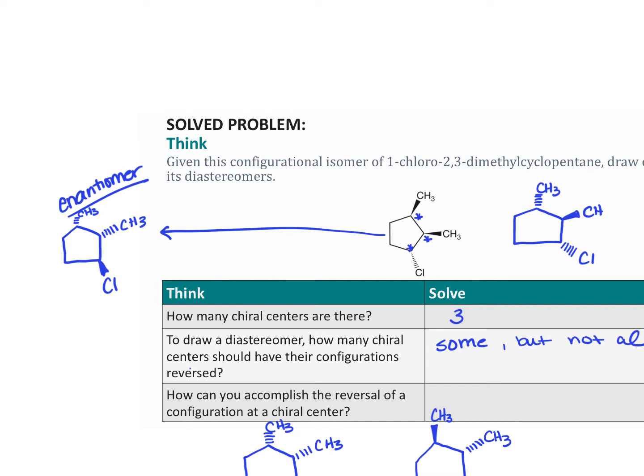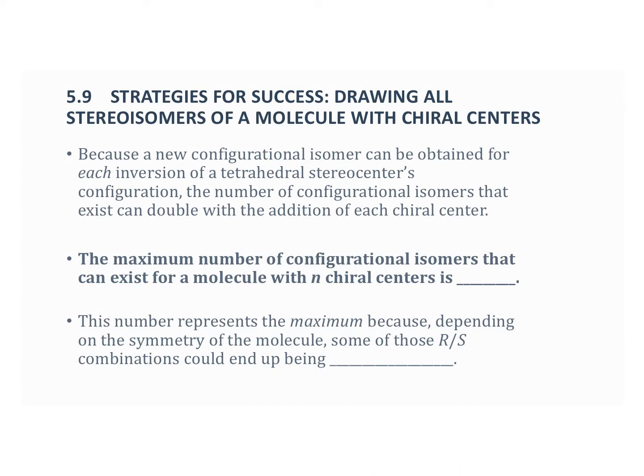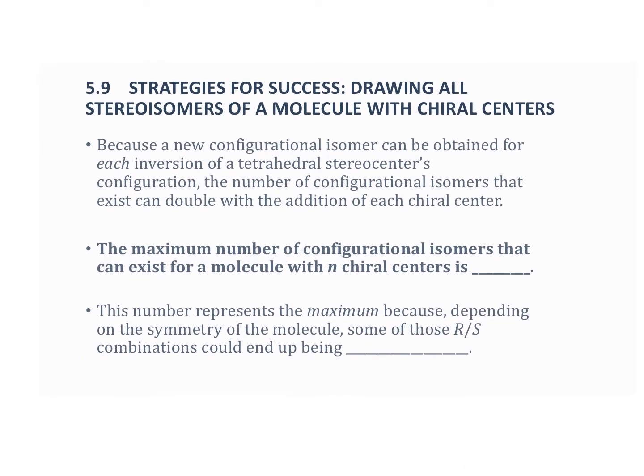So let's look at some strategies for how to draw all the stereoisomers of a molecule with chiral centers. When we do this, you get a new configurational isomer for each inversion of a tetrahedral stereocenter's configuration.